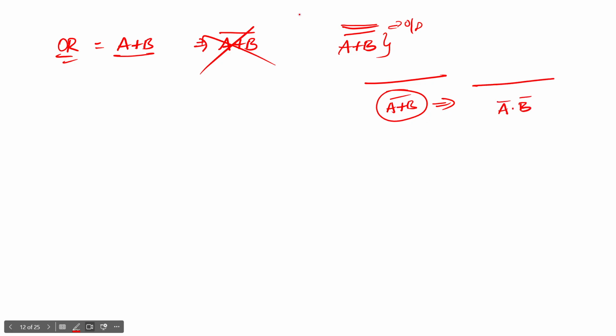So what will happen is A bar dot B bar. So which means De Morgan's law is going to be applied here. So again there is an AND operation, so the pull down network is going to be series.